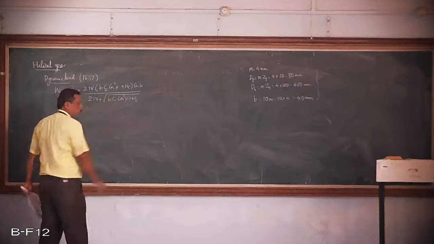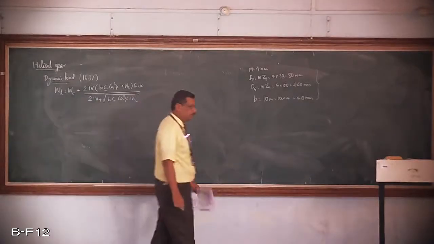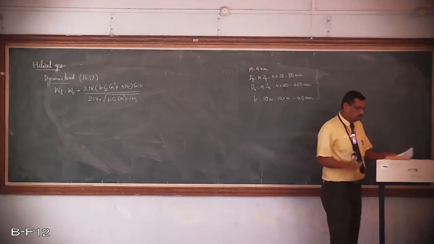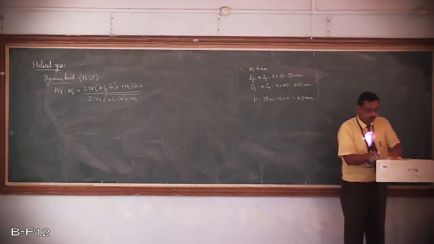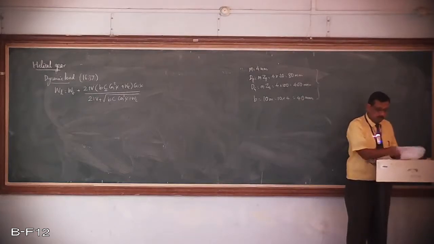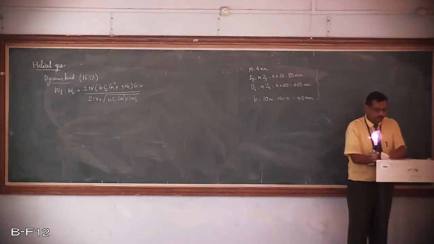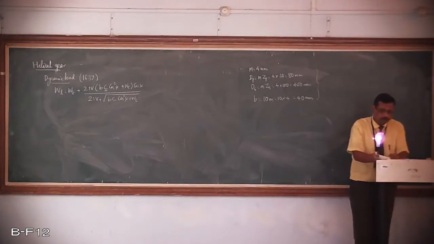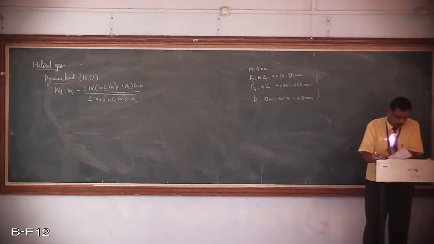Now this is that factor C. We have to estimate the value of C, which is based on the error. How to fix that value of C? There are two ways. First we have to find out the error. I'll just go through that page.